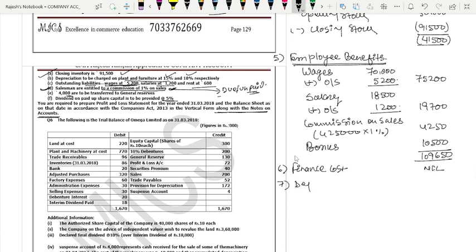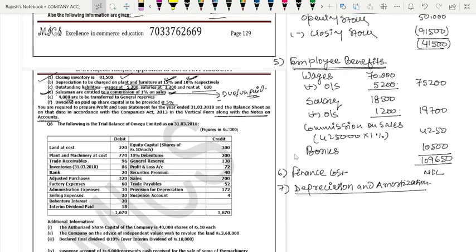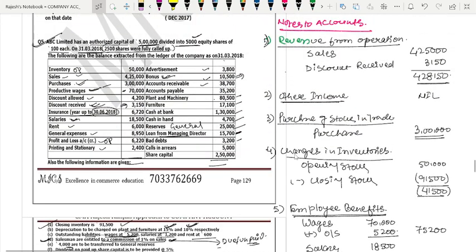Then depreciation and amortization. Plant rate 15%, furniture 10%. Plant and machinery, where is plant and machinery?